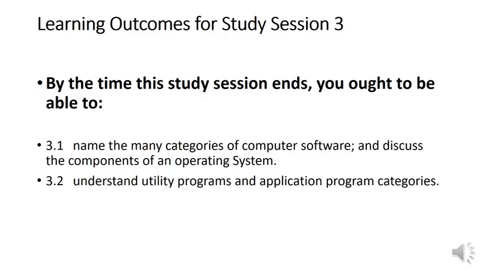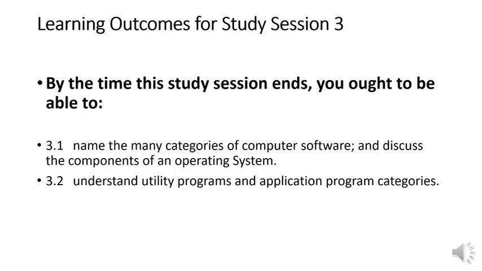Now, the learning outcome of this course, I've mentioned in my introduction, is that we are going to talk about types of software, types of operating system, operating system components, then application software, utility software, application and user programs.